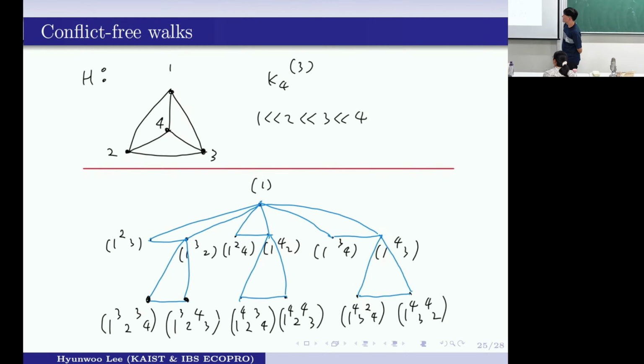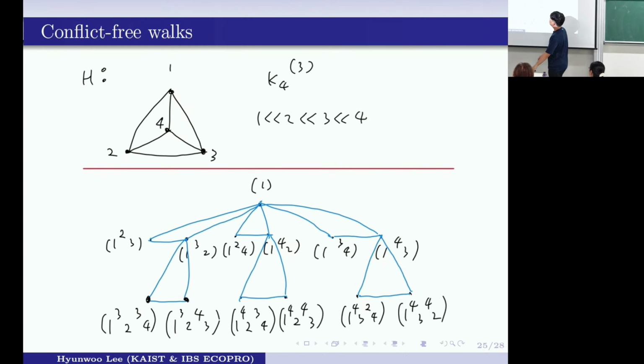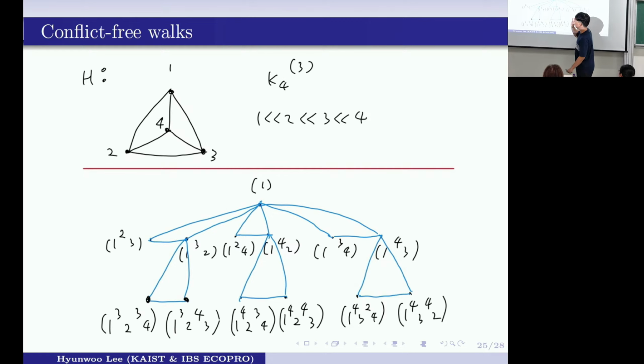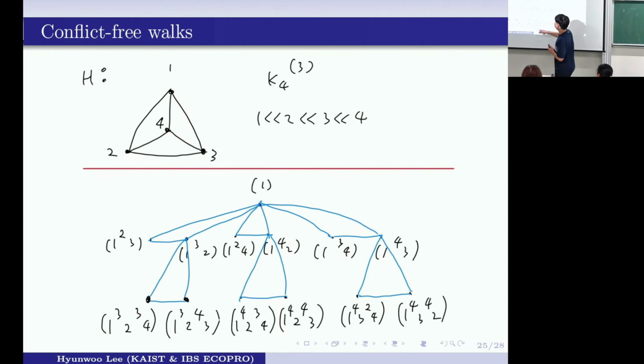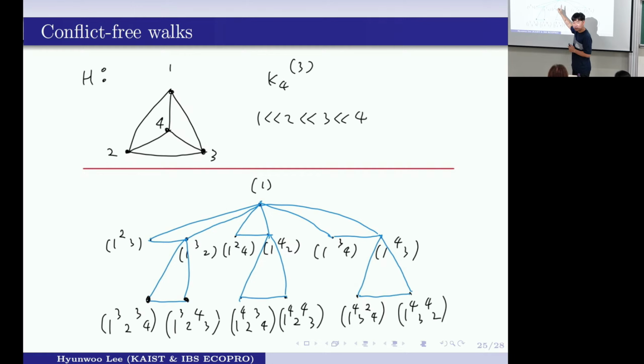Now, first let's compute the number of matchings which do not contain this 1. If it does not contain 1, then it is just disjoint 3 edges, so the number of matchings in these 3 edges is 2, 3, 3, so 8. Now assume we contain a vertex v, that is, vertex 1 is in the matching, and we may assume that this 1 is covered by this edge here.